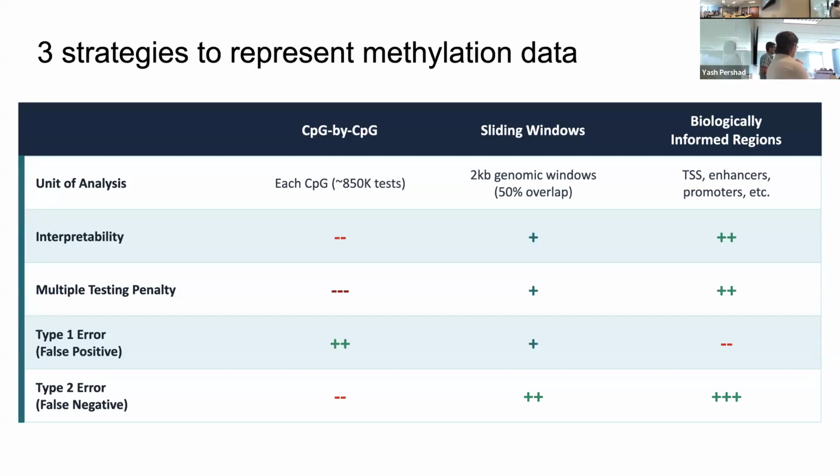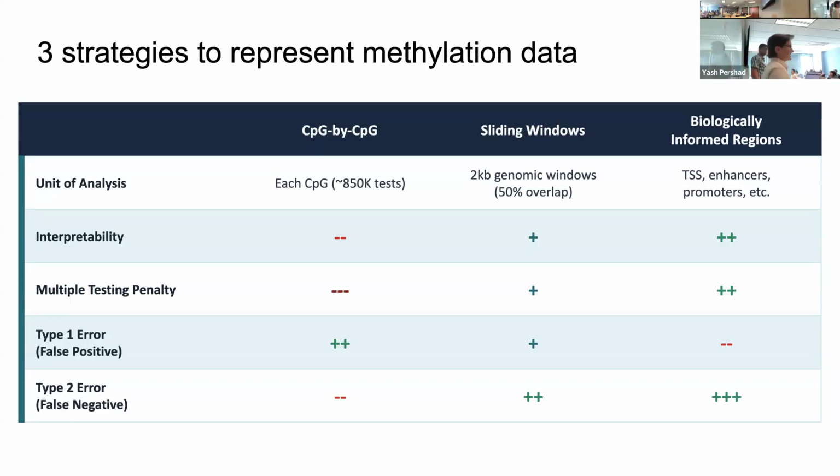You will dilute your signal and find nothing, especially if you pick a very large window and you have a biologic CpG island that's much smaller than 2 kb, but now you're lumping in all of these invariant and random CpGs along with it. So that's a risk.